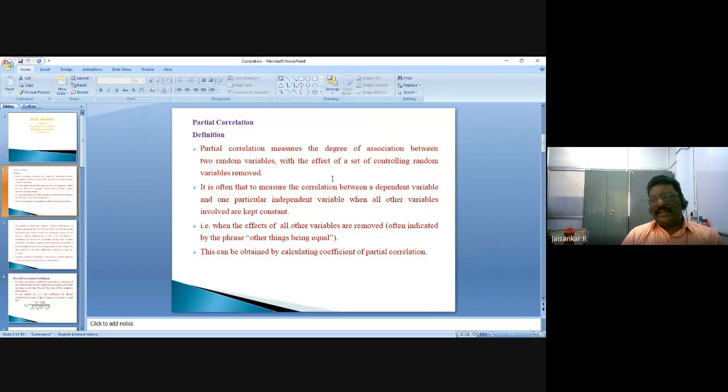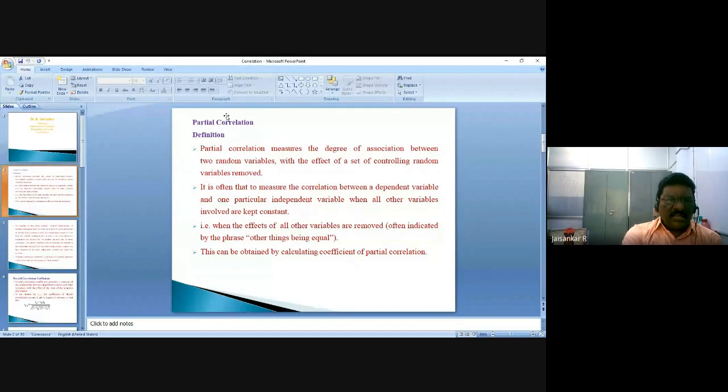Suppose I want to find the correlation between rainfall and yield alone, keeping away the effect of other variables. That is given by partial correlation. It gives how much association there is between rainfall and yield, negating the effect of all other variables.